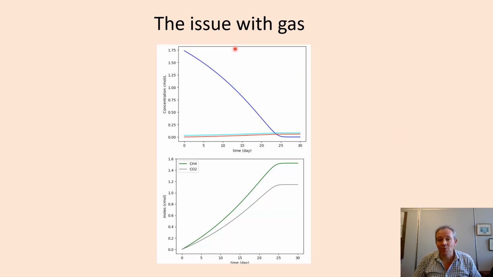So this will result in plotting the concentrations of the stuff that stays in the liquid, and a separate plot for moles, because from our solve IVP integration, we get moles and not concentration of the two gases. Very important. Of course, the ratio between methane and CO2 is important because that's the quality of your gas.